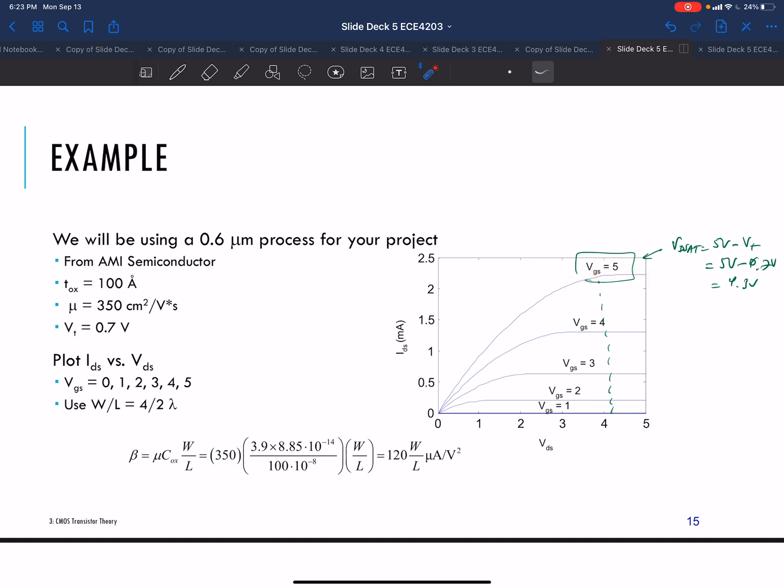Here, VGS minus VT is only 2.3 volts. So VDSAT for this one, when VGS is 3 volts, is 2.3 volts. So here, the inflection point is further down. So you get this linear here, saturated here. This so-called linear, but non-linear, region goes quite a bit longer and then saturates in the end.